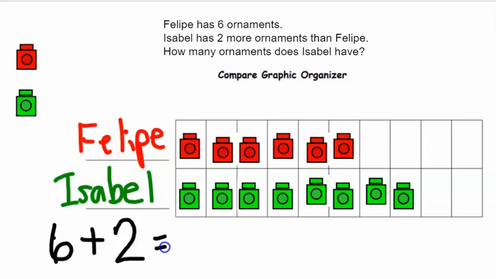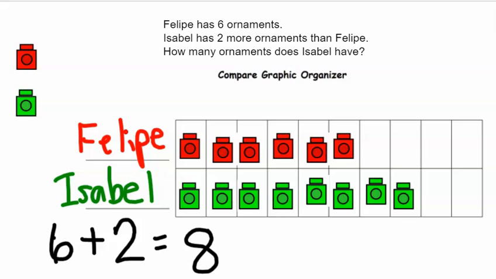So if we had 6 and we added 2 more, how many ornaments does Isabel have? Do we have to start all over and count? No, we can start at the 6. We know that this is 6 because it's the same amount, and add 2 more. So 6, 7, 8. So we know that she had 8 ornaments.